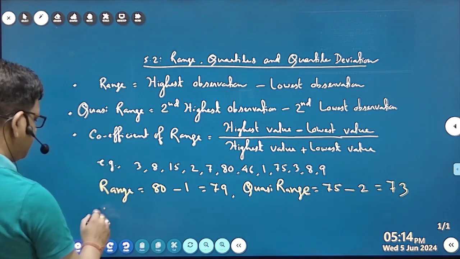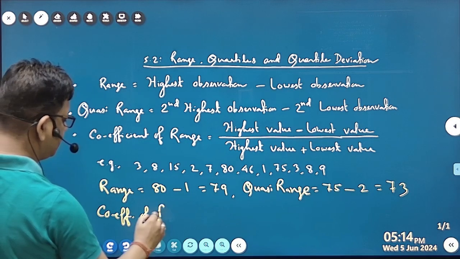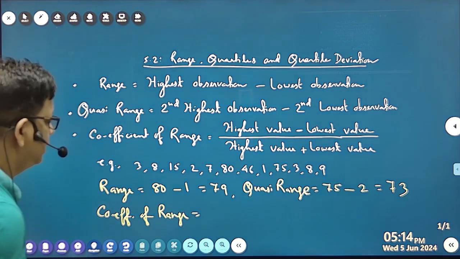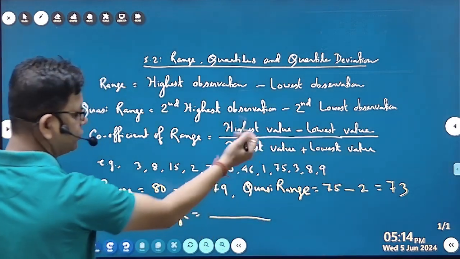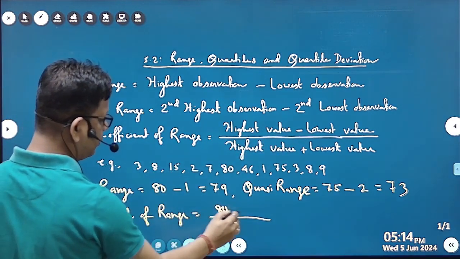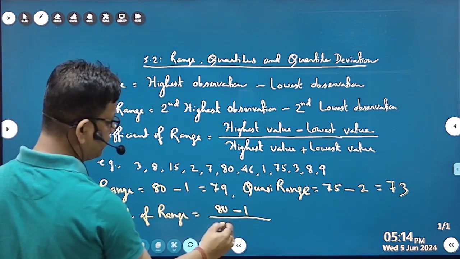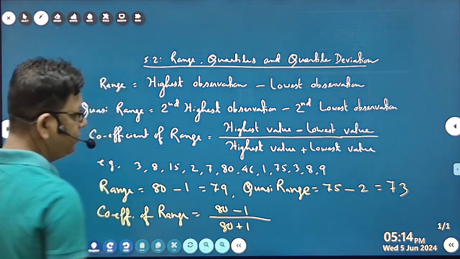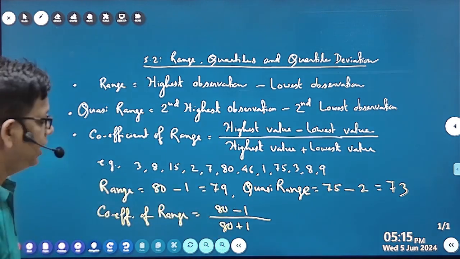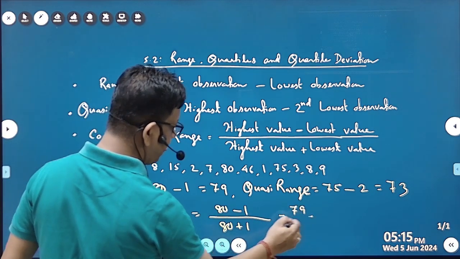And the coefficient of range is also a very easy thing. If a question comes, find the coefficient of range, in that case, this is already given: highest value minus lowest value. The highest value is 80, lowest value 1. So 80 minus 1 is the numerator. But in the denominator, it is their sum, so 80 plus 1. So 79 by 81.